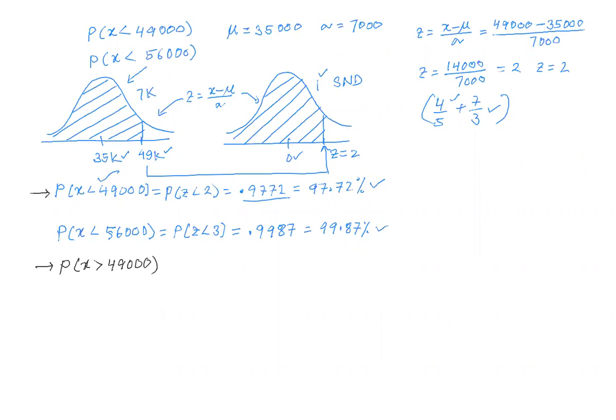Just think of it in terms of the area that you're looking for, then you should be okay. So take 2 minutes and then I'll do it. Anyone got this one? X greater than 49,000.